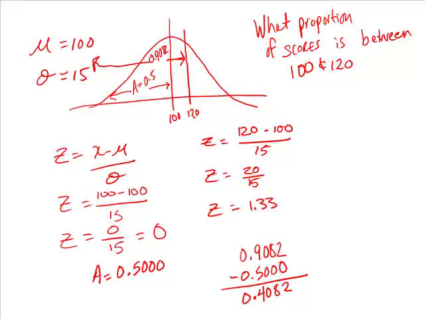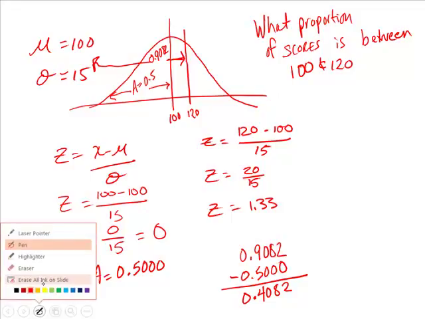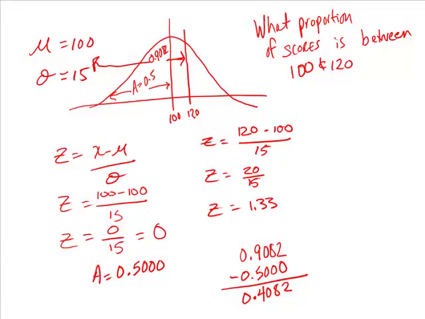What's that mean? About 40% of all people fall between 100 and 120. All right. So our answer, let's go with green. Spartans kicked ass this weekend.